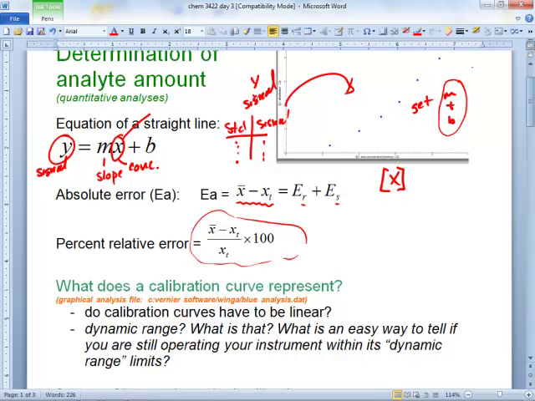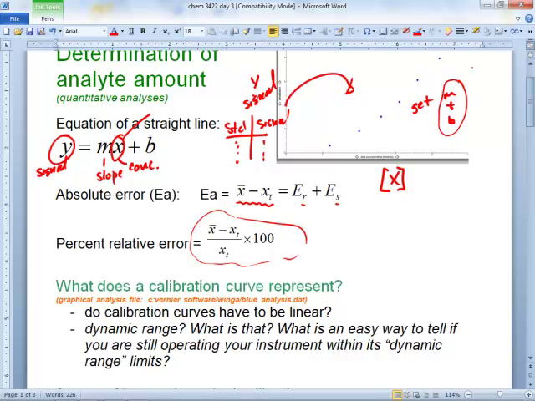So this term dynamic range just means this guy's valid. Your little m and your little b, you can plug in the signal number and calculate the concentration. It always works over that range. That's the dynamic range. So it's a good idea to know if you're inside the dynamic range. And there's an easy way to tell.